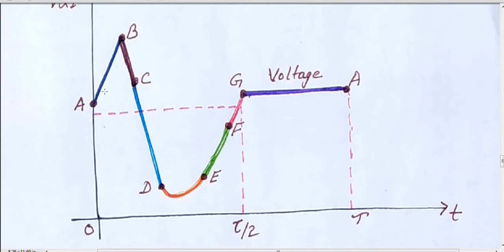Now, when a significant number of carriers are generated, the particle currents exceed the external current and the electric field is depressed throughout the depletion region, causing the voltage to decrease. That can be seen from this B to C region. Here the voltage is decreasing.